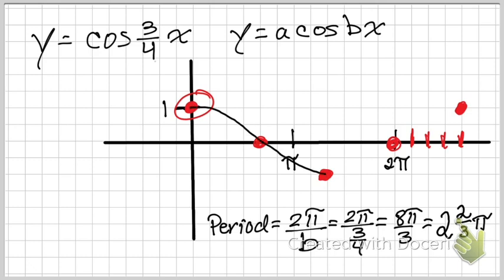So I'm going to curve through there, and that's what the cosine curve looks like. And of course, it continues infinitely in both directions. You don't have to worry about that if you're doing it by hand. If you're doing it on an ALEKS online program, you can hit the graph icon and it'll graph it.